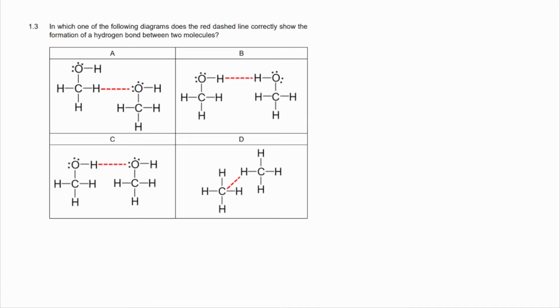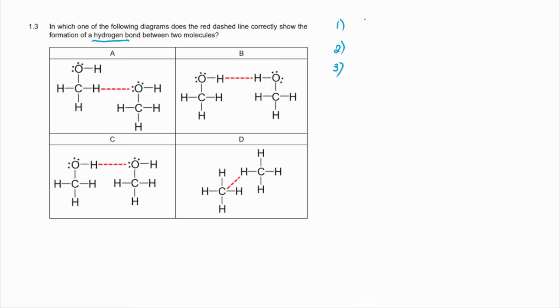Okay, some more hydrogen bond forces of attraction questions. So here we go in 1.3. Which one of the following diagrams does a red dashed line correctly show the formation of hydrogen bond between two molecules? Okay, so hydrogen bond. So this is actually kind of a definition you need to know. There's 3 bullet points you need for hydrogen bonds.